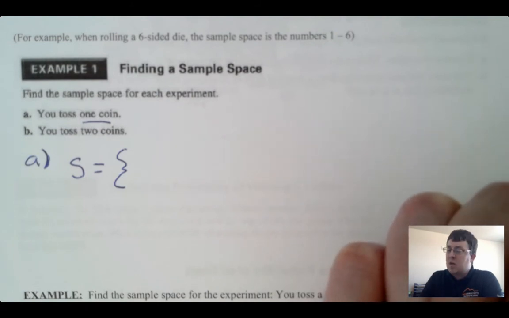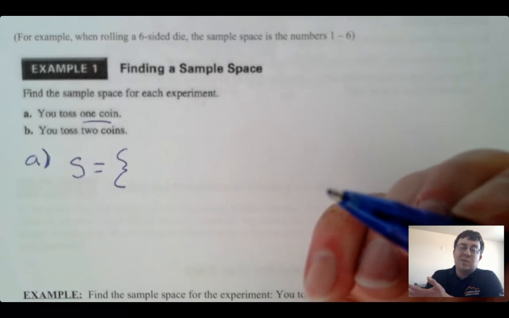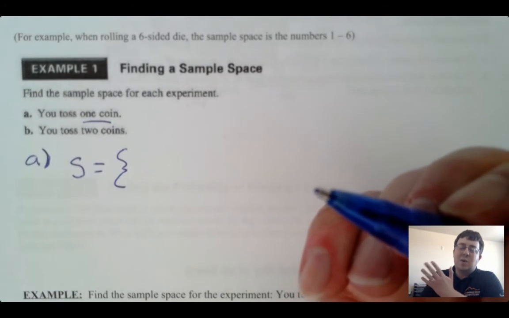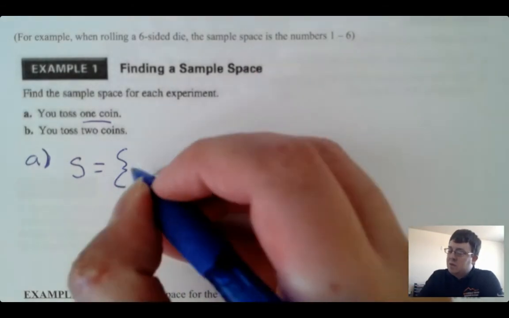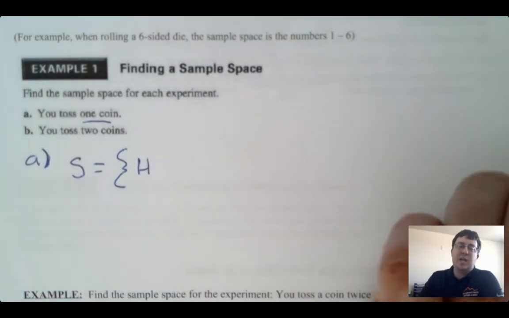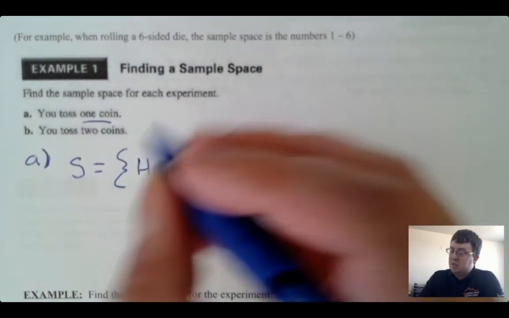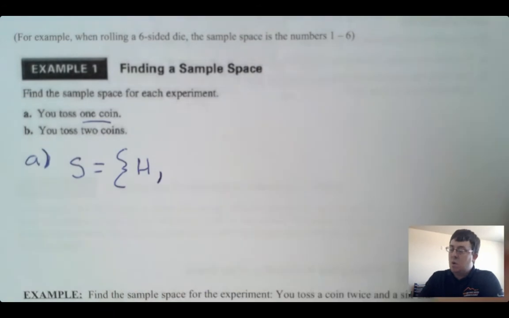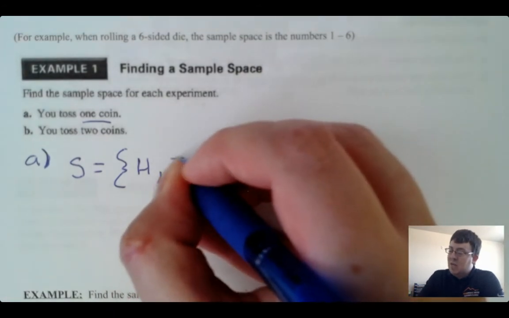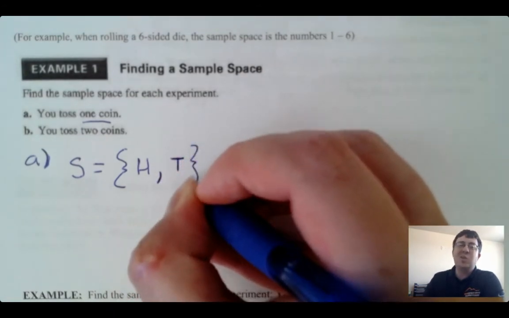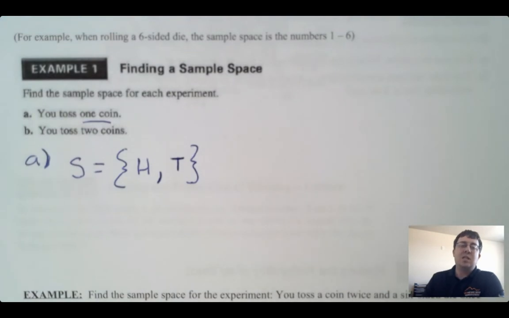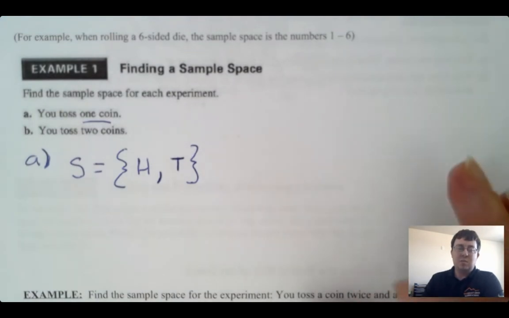If I toss 1 coin, there's only 2 options, unless it lands on the side, but we're not going to take that. So there's either heads, which I'm going to represent with just an H, or you could get tails. And those are the only 2 options. There are only 2 different outcomes here.